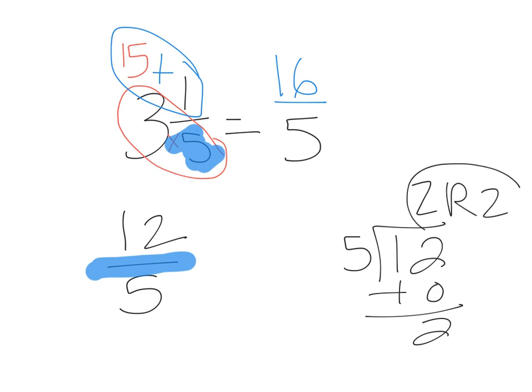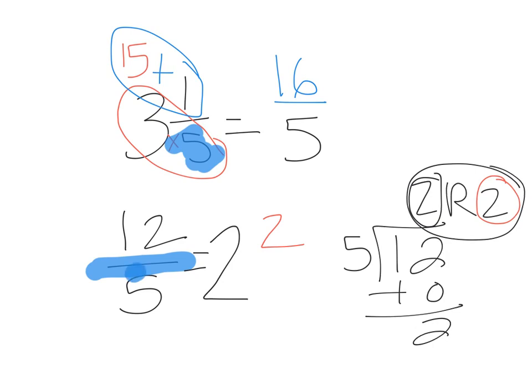So now I'm going to use this answer to figure out what my mixed number is. I take the whole number, that becomes the whole number in my mixed number. Then you look at your remainder, which is 2, that becomes your numerator, and your denominator stays exactly the same as the original problem. So your answer is going to be 2 2/5.